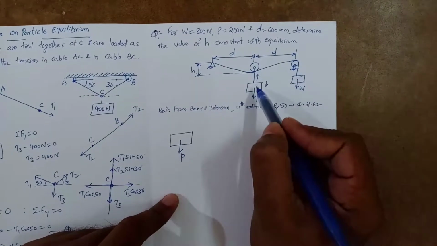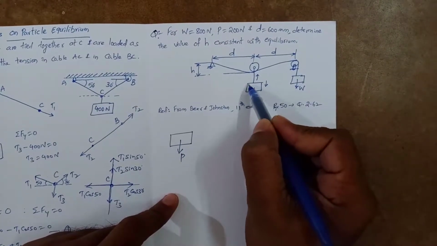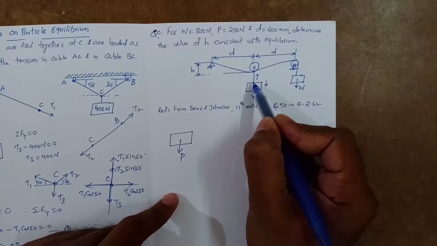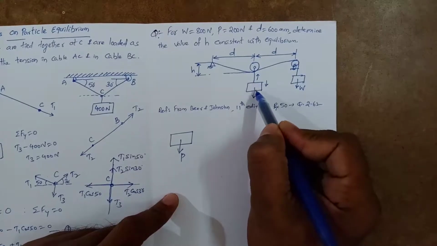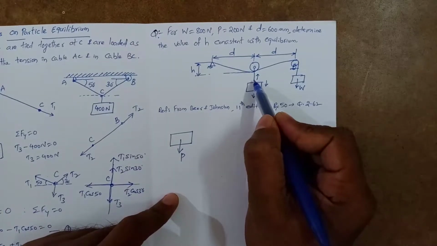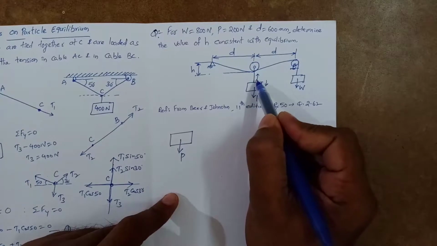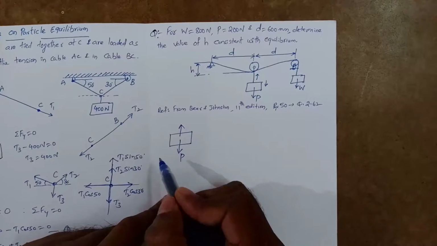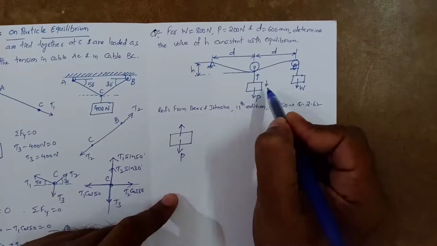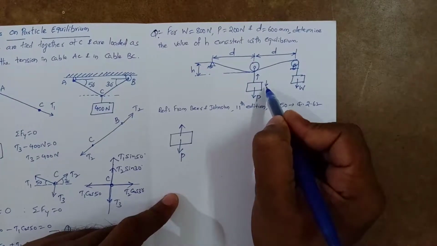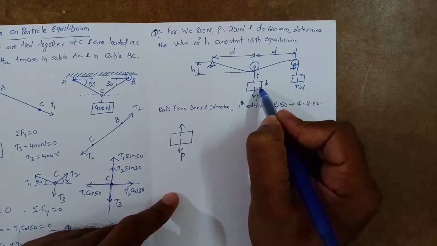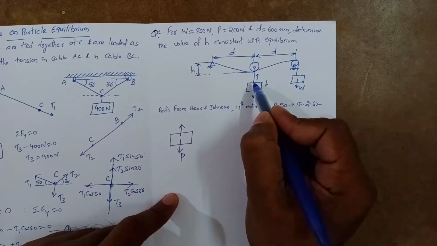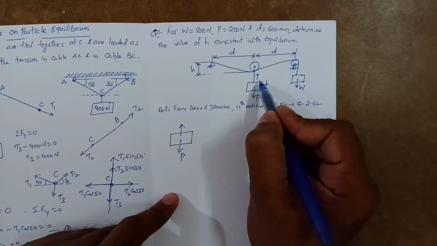This body is in contact with this cable, so remove the cable and show the force exerted by this cable on this body. The force exerted by this cable on this body is in the vertically upward direction. And what is shown here is the force exerted by the body on the cable, action and reaction from Newton's third law.